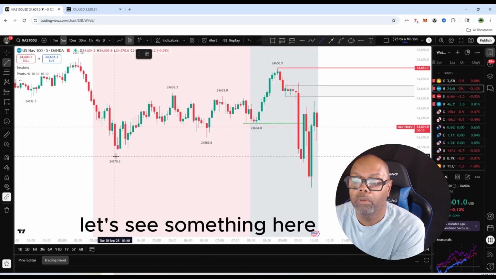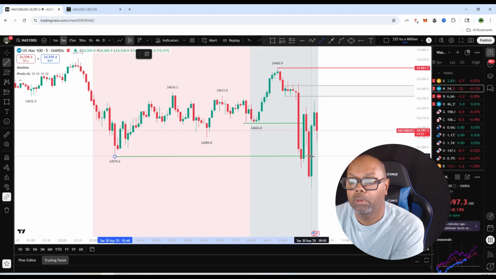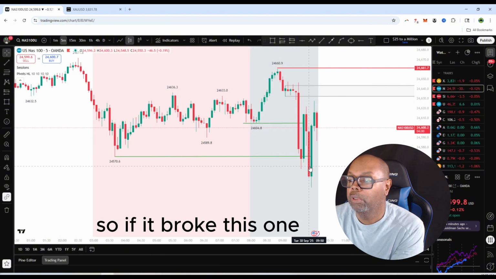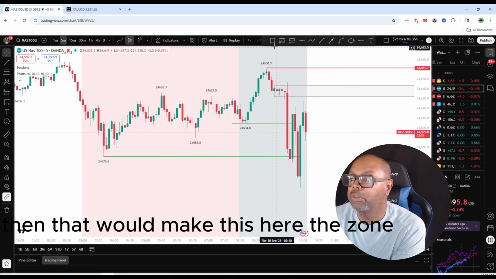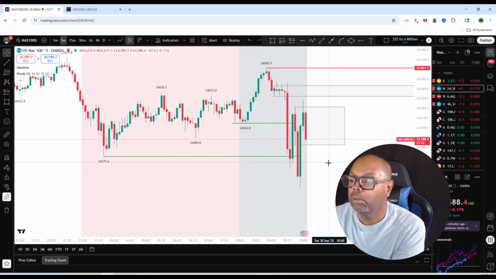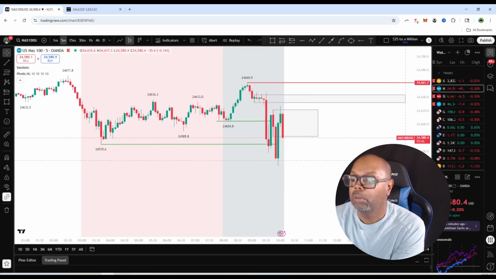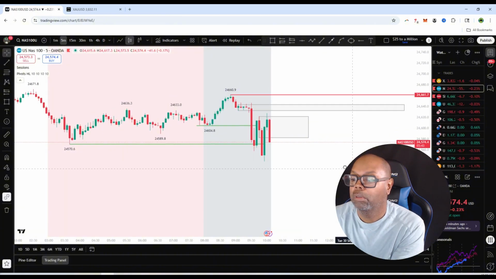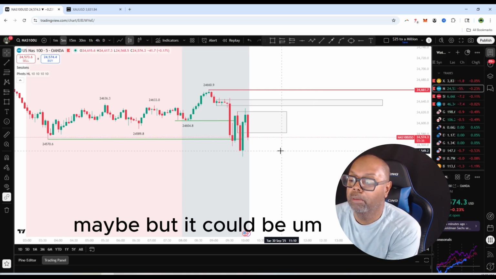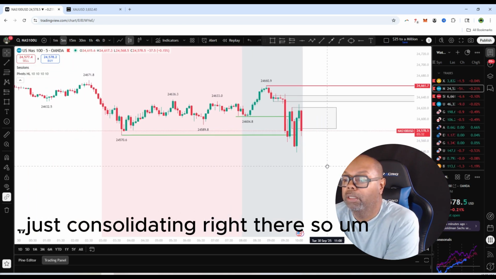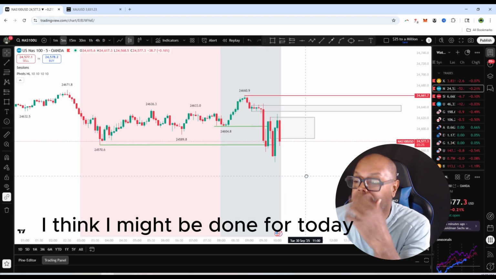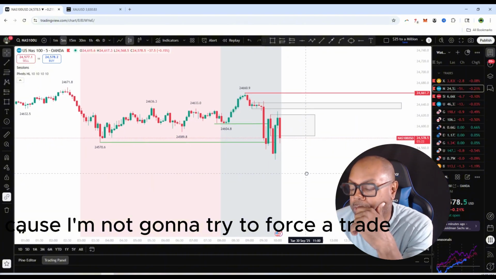Let's see something here. Broke this one, then that would make this here the zone. Supply zone right here. Maybe, but it could be just consolidating right there. So, I think I might be done for today because I'm not going to try to force a trade.